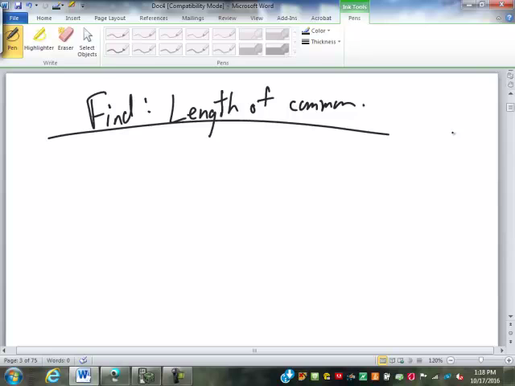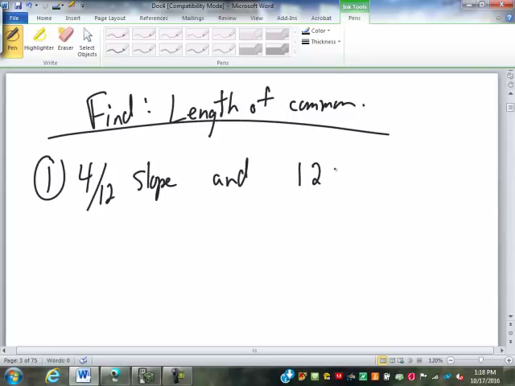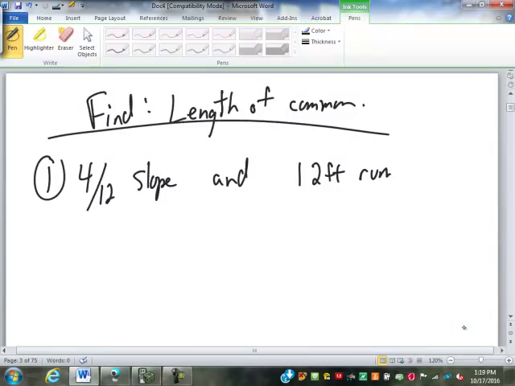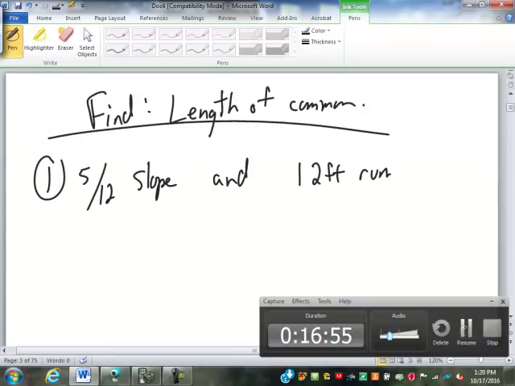If we have a 4/12 slope, and I'm just going to give you the run for this one, 12 feet of run. Try that in your notes quick. Put it to feet, inches, and 16ths. I guess we're going to have to change this to a 5/12 slope. Sorry. 4/12 does not appear in the picture of your packet.